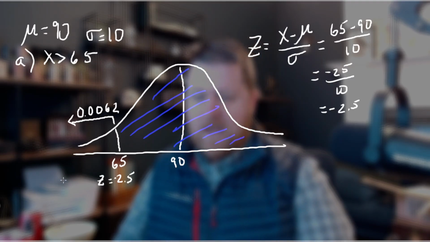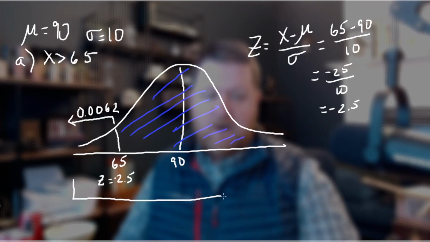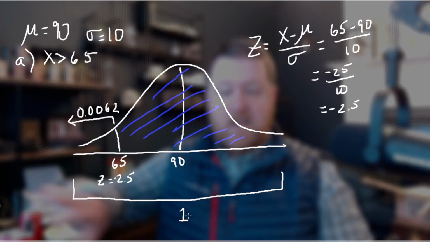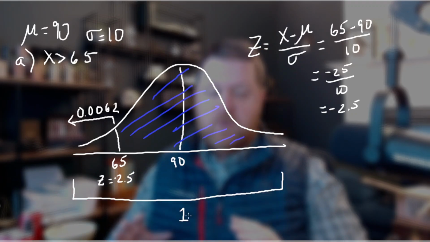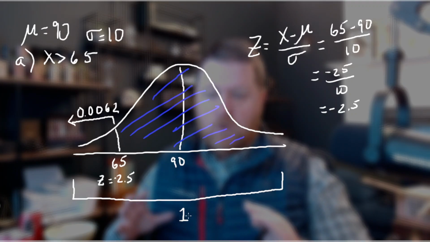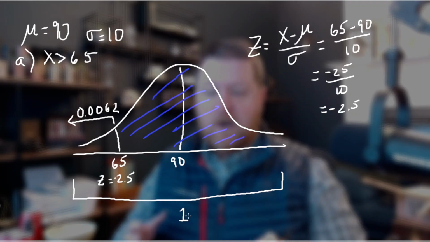Well, we know that underneath this total curve, this entire area, it has an area of 1. From infinity all the way to the left to infinity all the way to the right, the area under that normal distribution curve is 1. So the total area is 1.